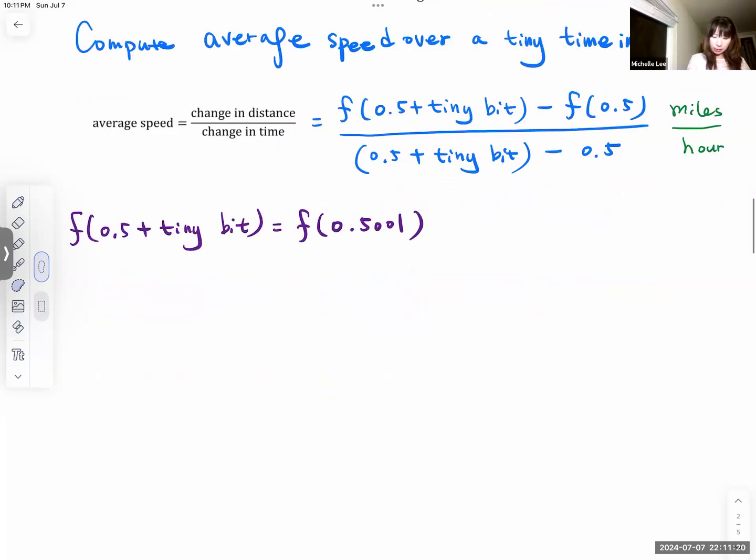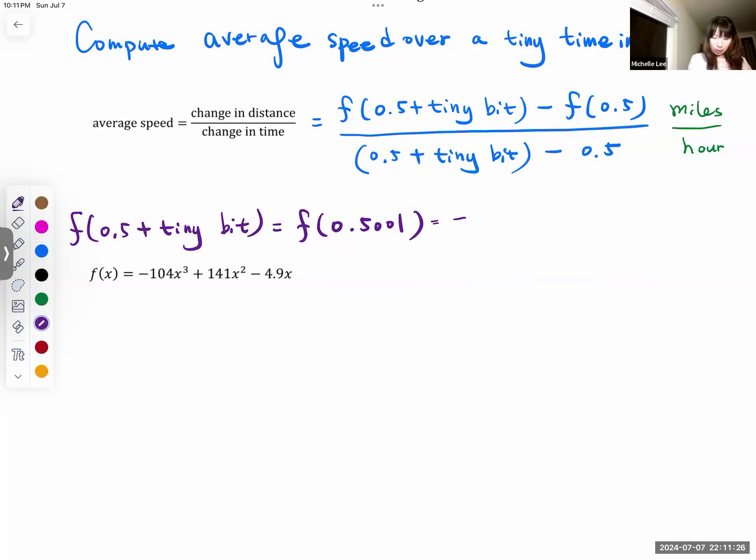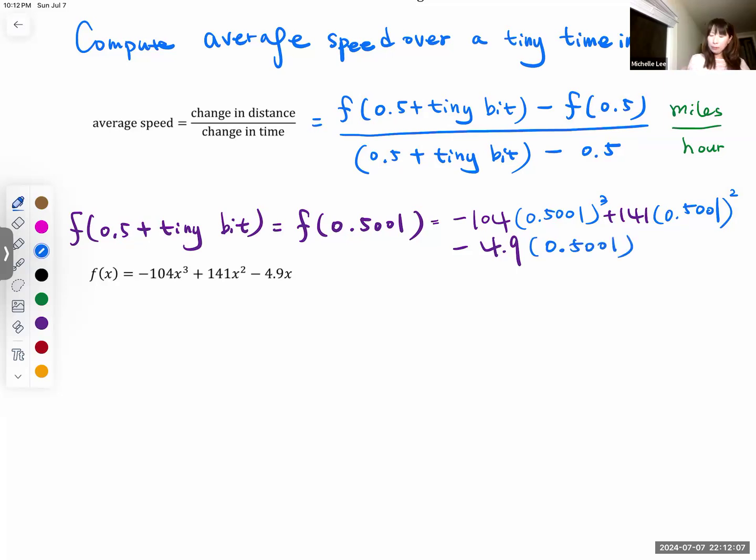So there will be negative 104.5 times 0.5001 to the third power plus 141.5 times 0.5001 to the second power minus 4.9 times 0.5001.